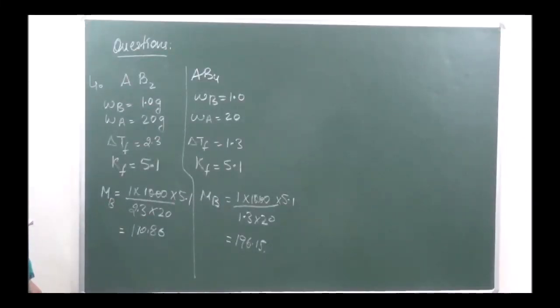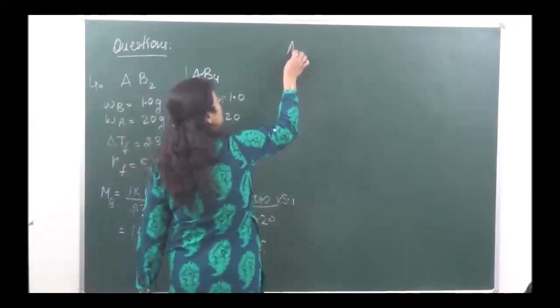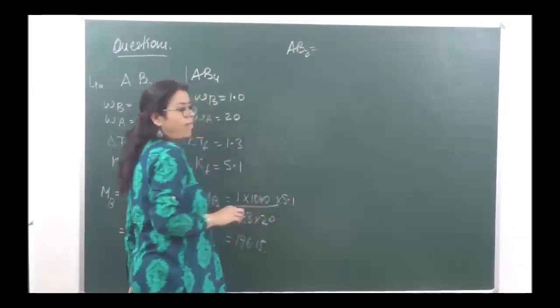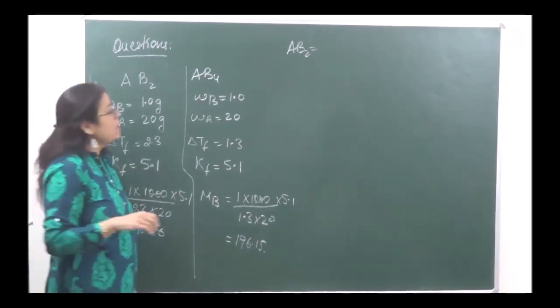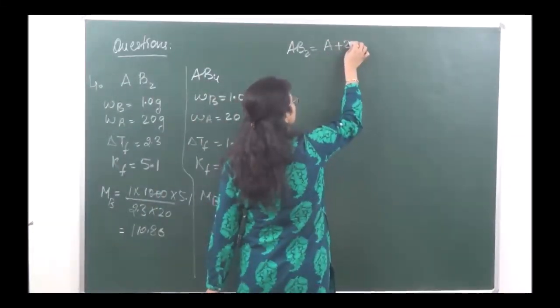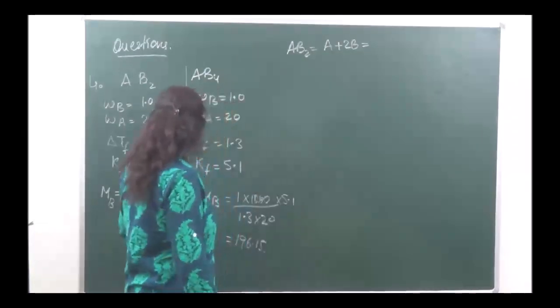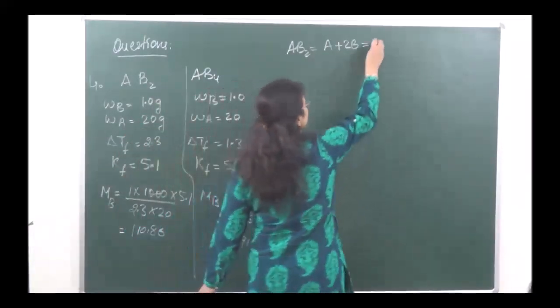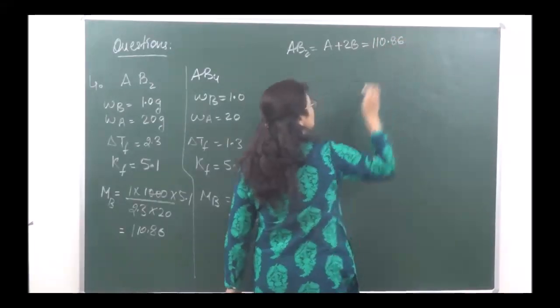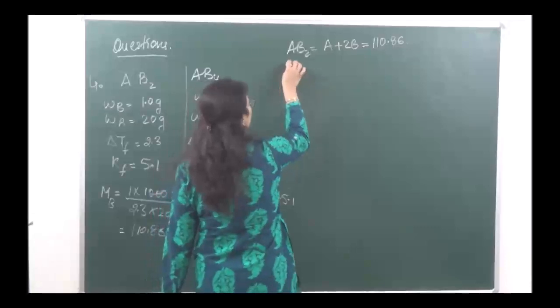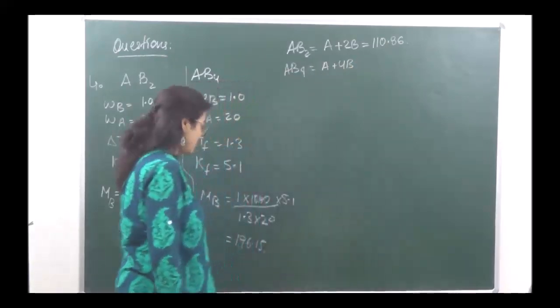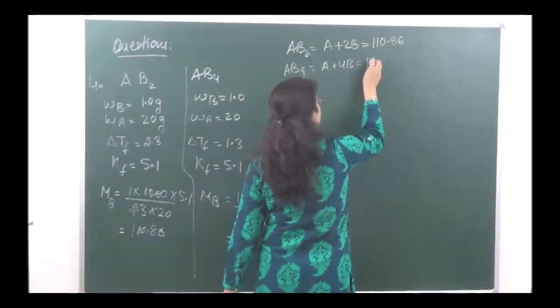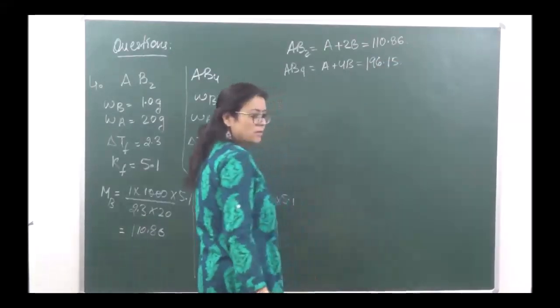Looking at the formula now, AB2 means the atomic mass of A plus 2 into the atomic mass of B gives the molecular mass, so A plus 2B is equal to 110.86. And AB4, A plus 4B, comes to 196.15.